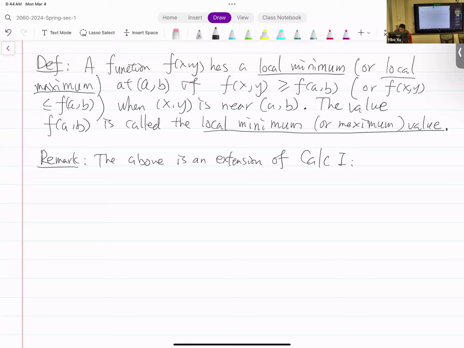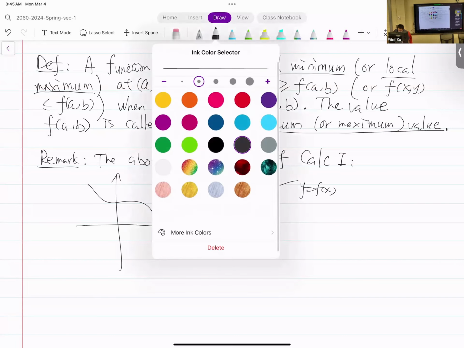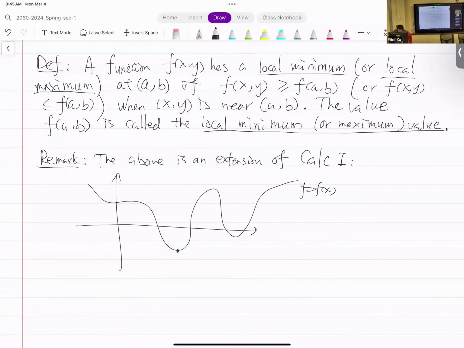So basically here, instead of putting down the words, let's just look at the figure. For whatever function you define like this, when you identify a local minimum, it has to be lower than all the neighboring points, right? So for instance, you can say this point is the local minimum.